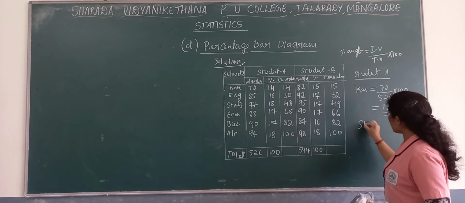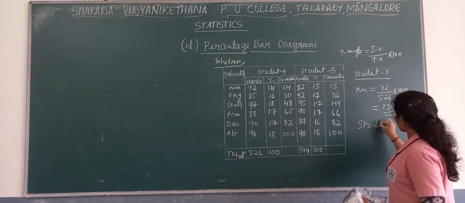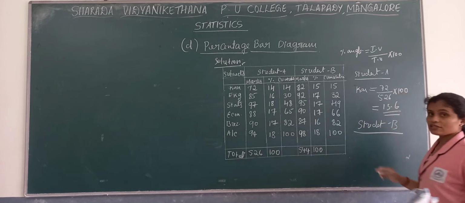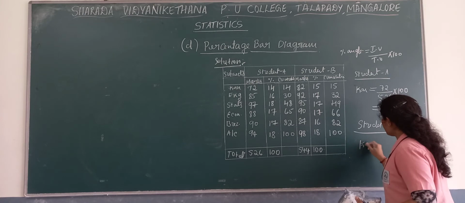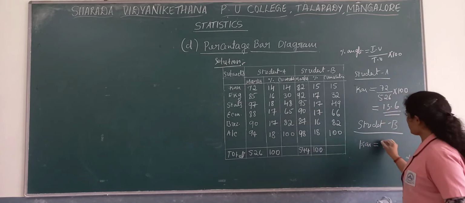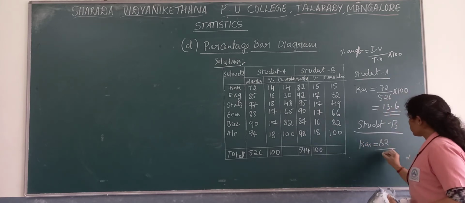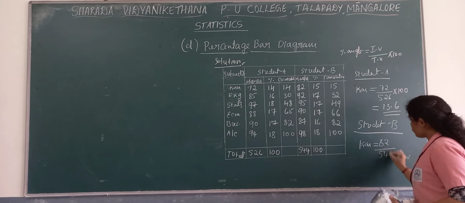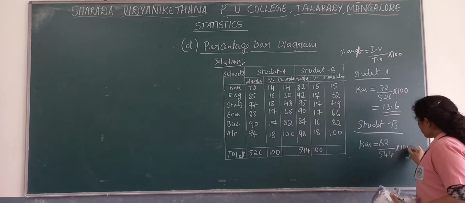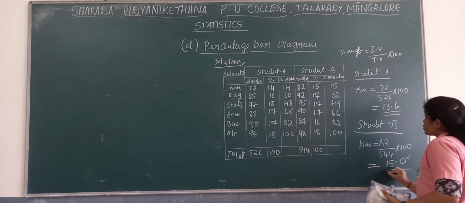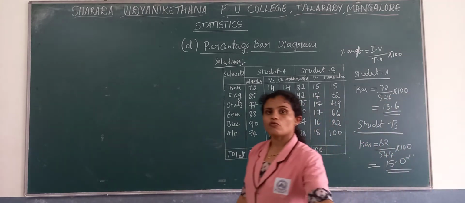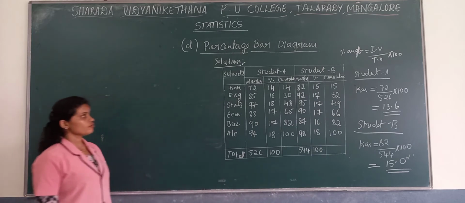Now student B I will write. This we calculated just now. Student B, Kannada is equal to 82 by 544 into 100. There we get 15.03. After writing the formula, one calculation we showed there.